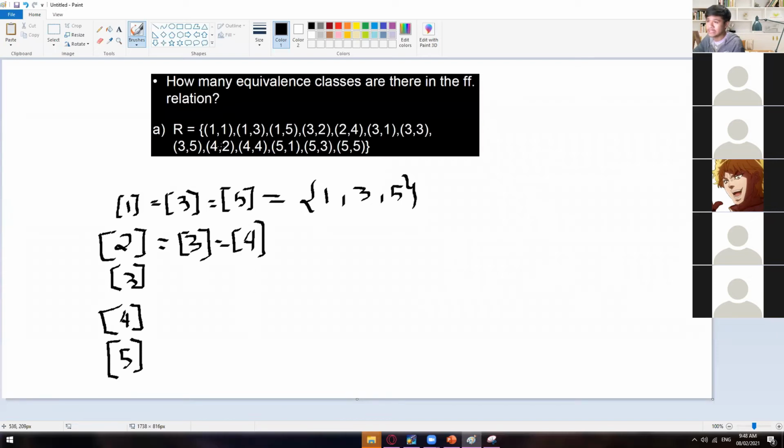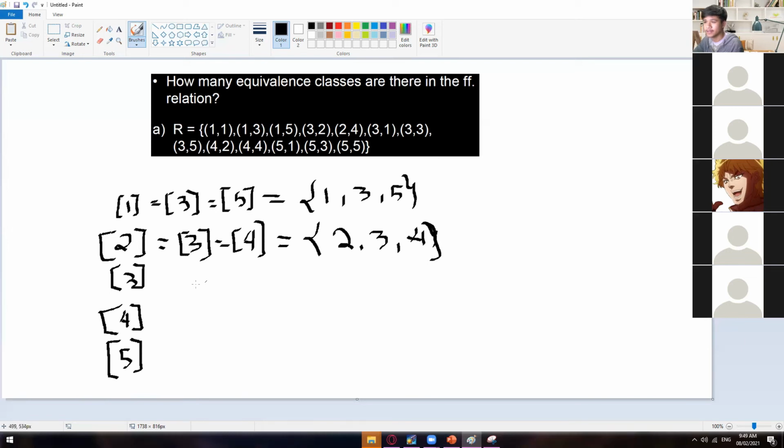So you don't need to list the 4 or 2 here again. You only need one, meaning they are related with each other already. How about 2, 5? Do we have 2, 5? Okay, I guess none. So this is already one class having the set of elements 2, 3, and then 4.